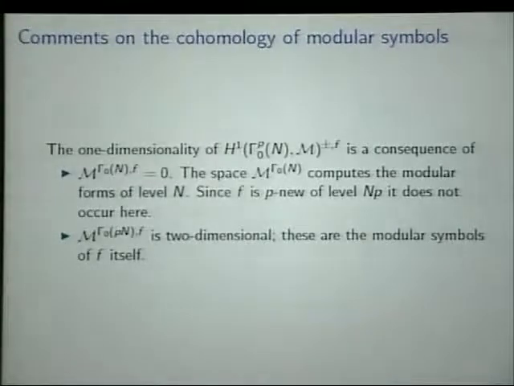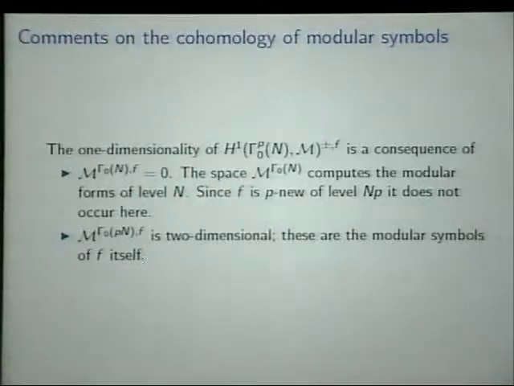But remember, F is P-new, and so it doesn't occur in X naught of N. That was the whole point. So if we look for the part of this space in which the Hecke action agrees with F, it's not there. So that has to be 0, because this space would basically compute the modular forms of level N. If we're in the weight 2 case, it would compute essentially the cohomology of X naught of N, and F is not in there.